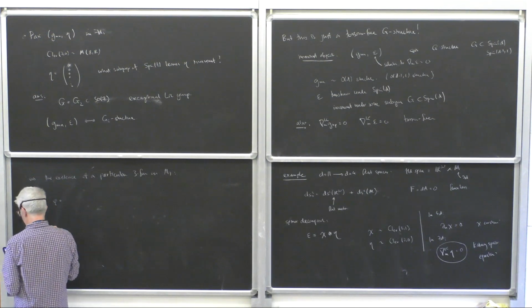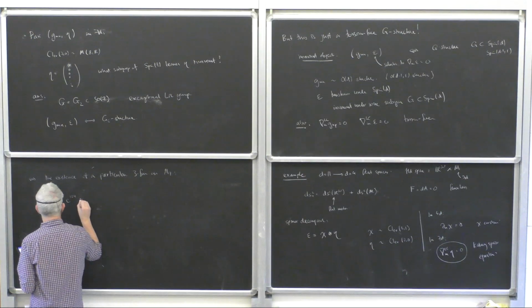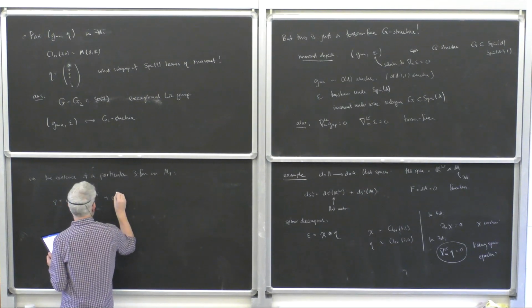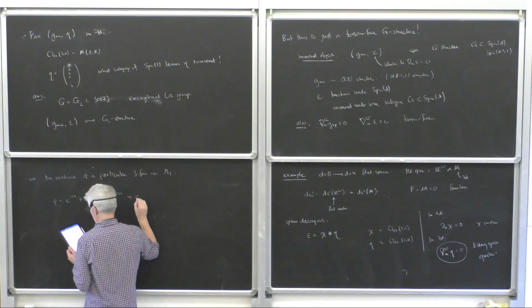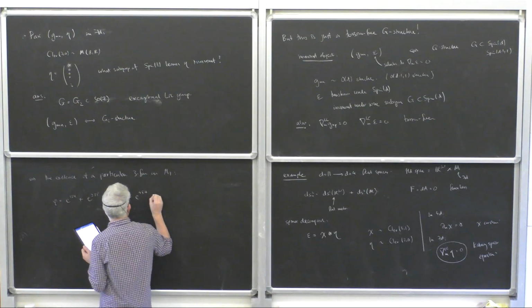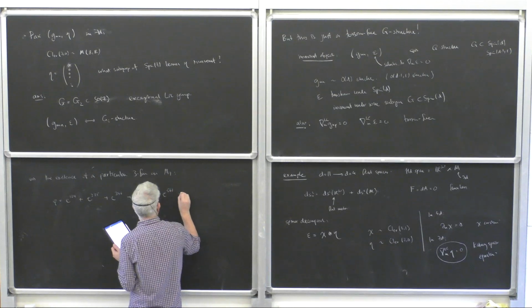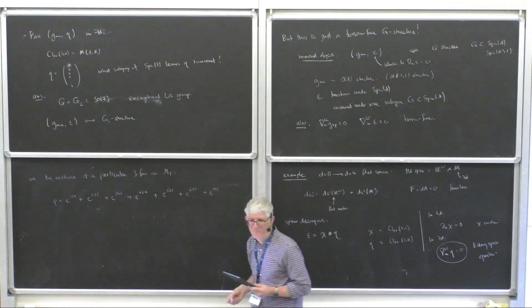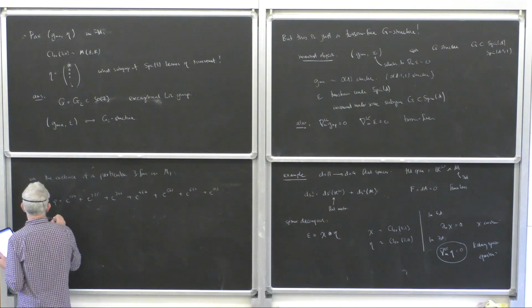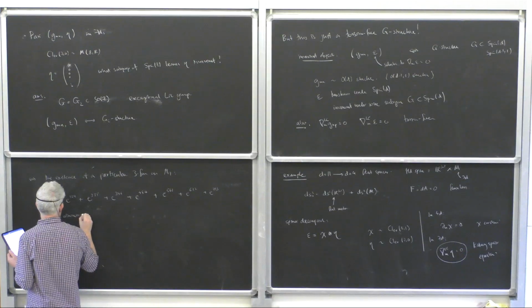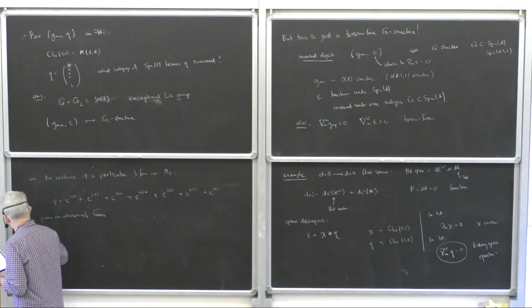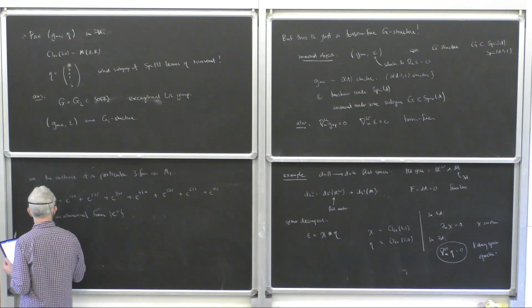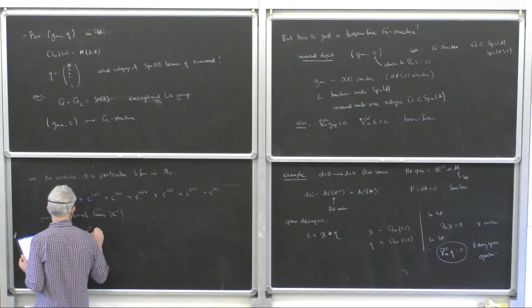So given an orthonormal frame, I can write it as e^124 plus e^235, plus I'll tell you what this is in a moment, plus e^346 plus e^457 plus e^561 plus e^672 plus e^713, where e^ABC just means e^A wedge e^B wedge e^C.